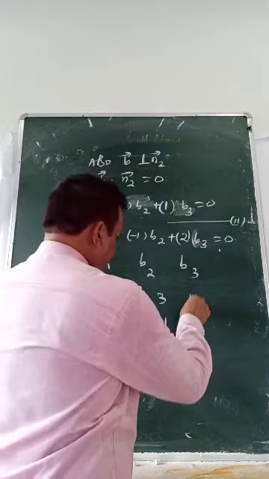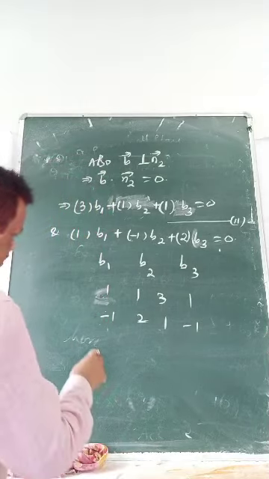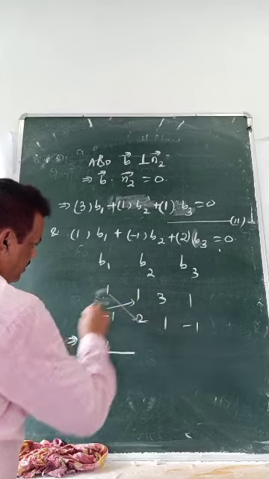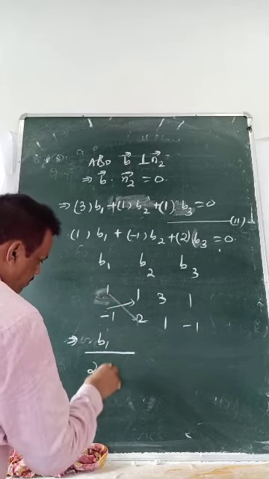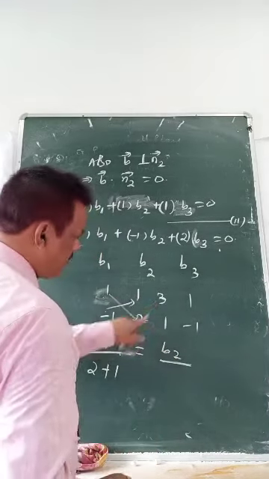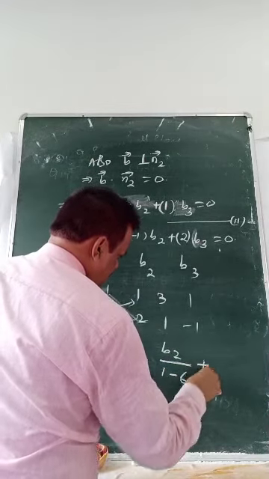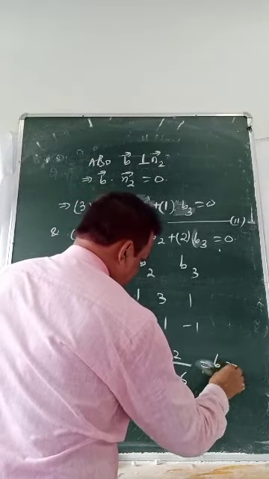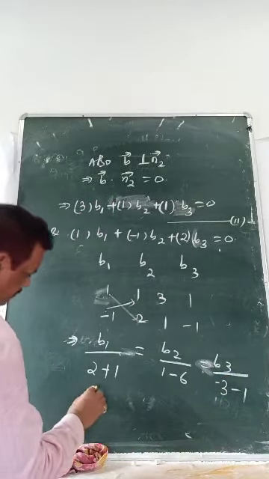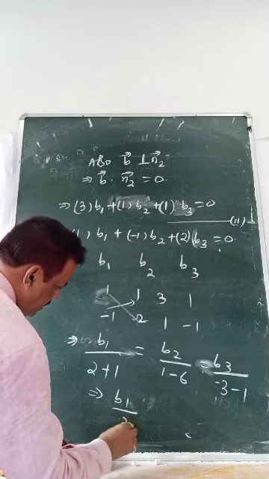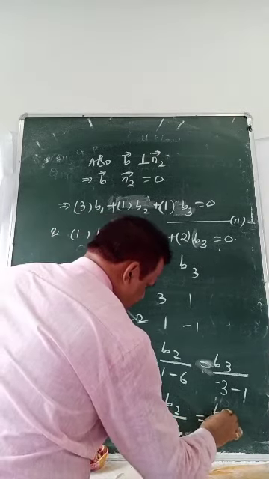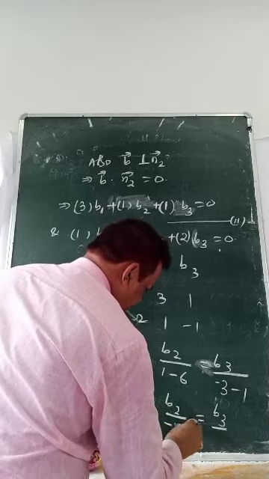Like this we have done many questions. So b1 by product of this minus this: 2 minus minus plus 1, b2 by 1 minus 6, equals b3 by minus 3 minus 1. So we are getting b1 by 3, b2 by minus 5, b3 by minus 4.